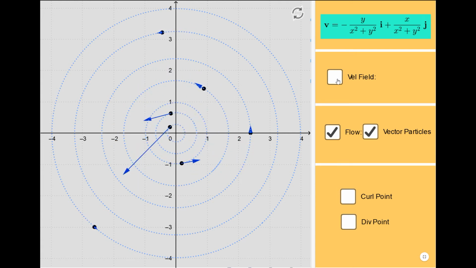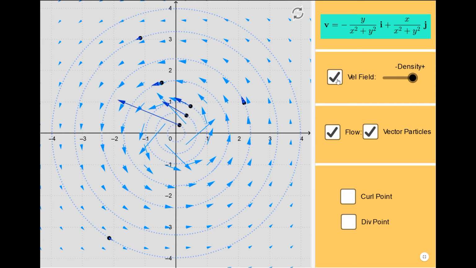Typically called flow lines, even though they're not lines. In this case, they're circles. So those flow lines or flow curves are circles here, and you can see those graphed out.